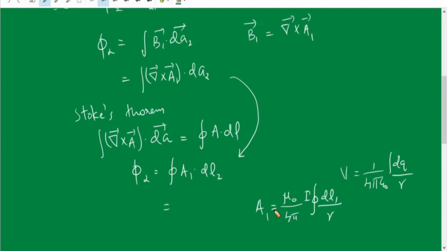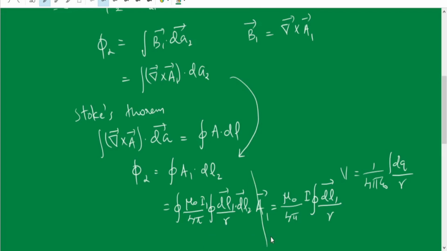This expression we have already studied last semester, in electrodynamics 1. So phi 2 is equal to the closed integral of A1 dot dl2, where A1 is mu 0 divided by 4 pi, I1, closed integral dl1 divided by r. This is a vector potential, so dot dl2.